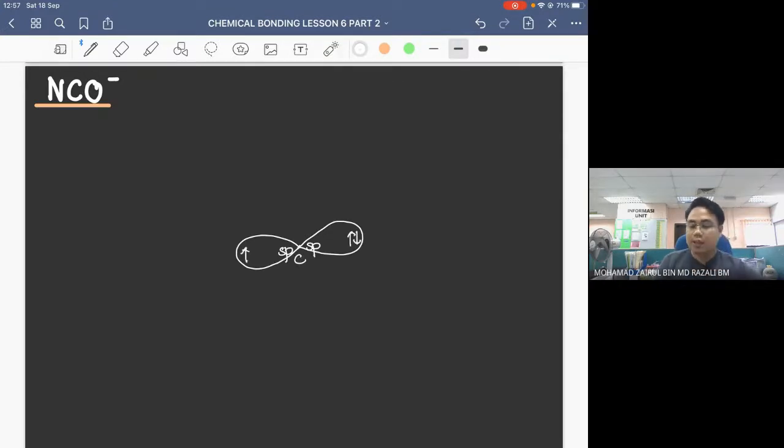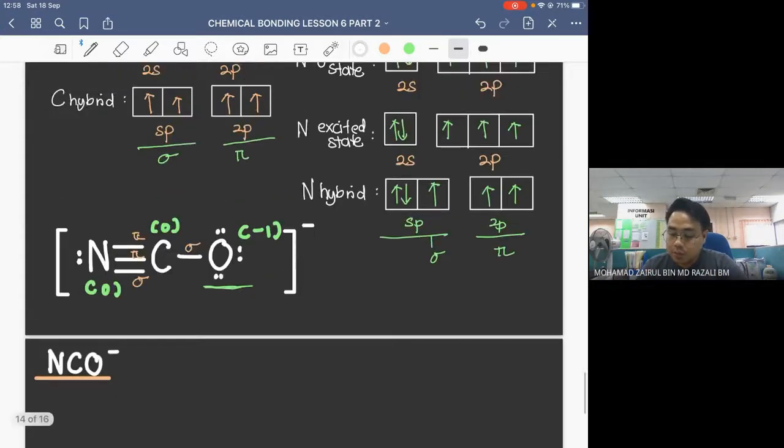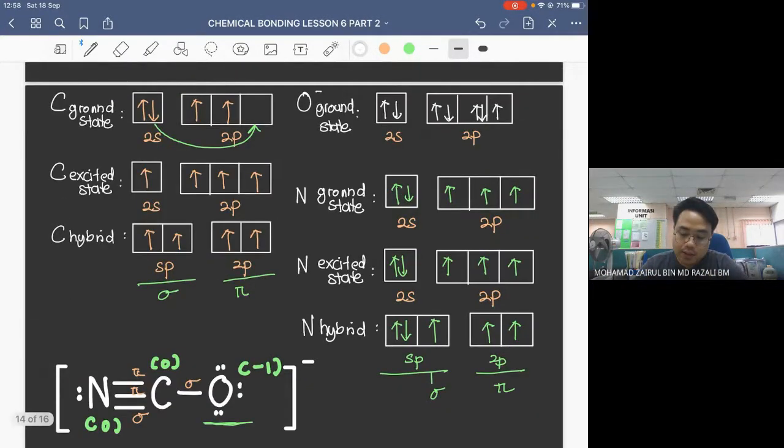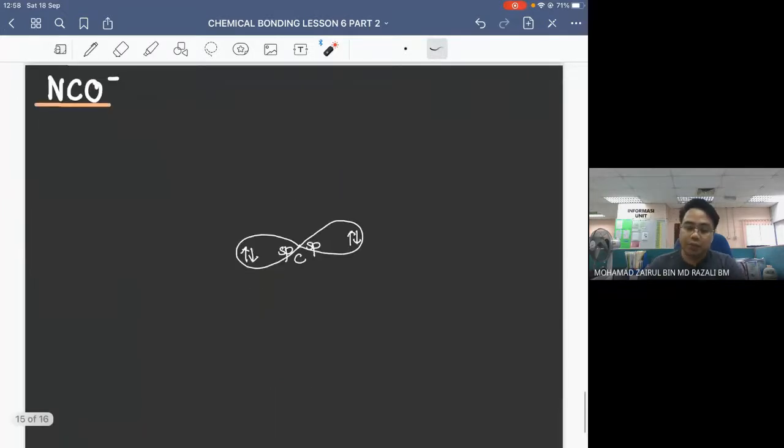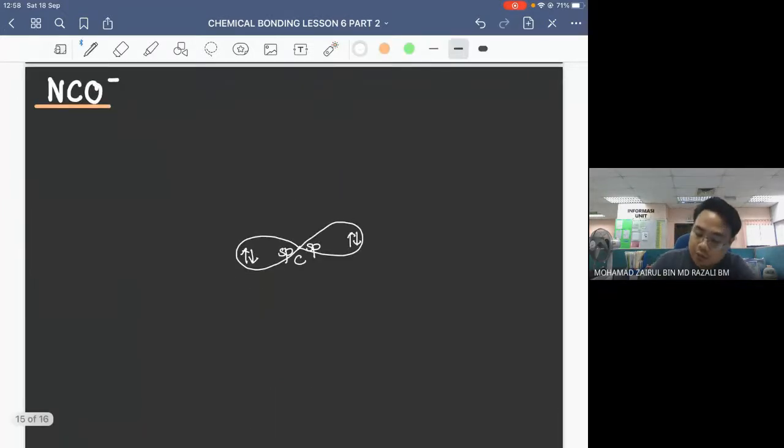Okay, oksigen itu tak ada hybrid, dan yang akan overlap dia adalah 2p orbital ni sebab dia je yang ada single pair electron. Okay, so the shape of the 2p is dumbbell. Okay, this shape is dumbbell. So awak label 2p, ini adalah oksigen dan dia adalah sigma bond.